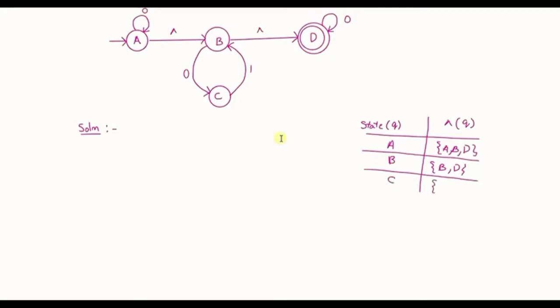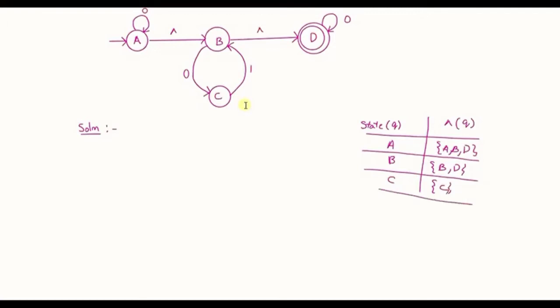Now let's find out E-closure of state C. From state C, first of all C itself is added to the E-closure list. Then from state C on reading null, you don't go to any other state. So as a result, only C will be the element of the set of states.